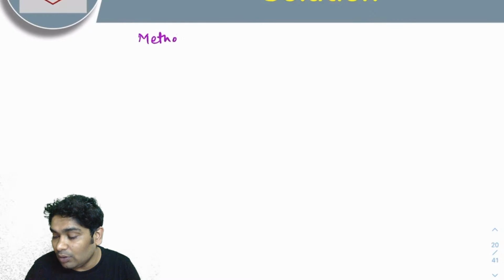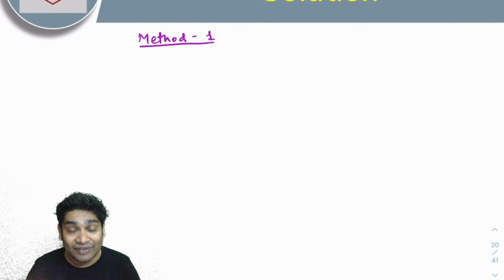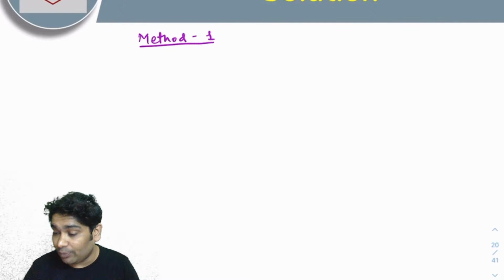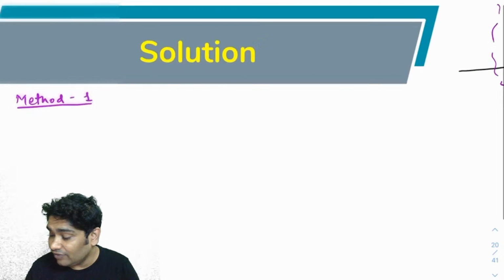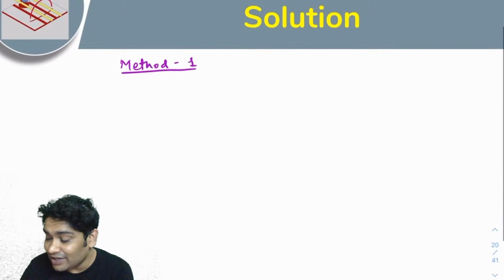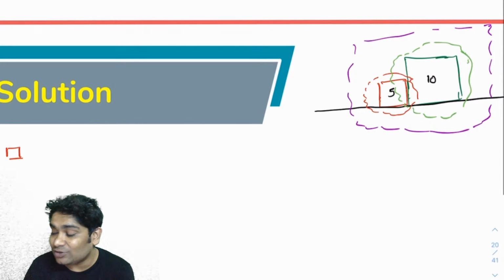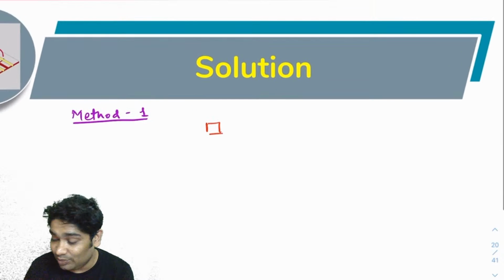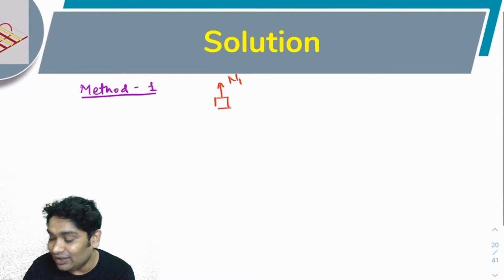And then solve my problem. So let's take a look at the FBD of the 5 kg first. The 5 kg has two contacts, from the ground and from this block. So from the ground it feels a normal force N1.